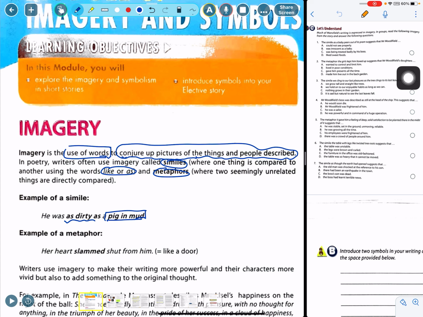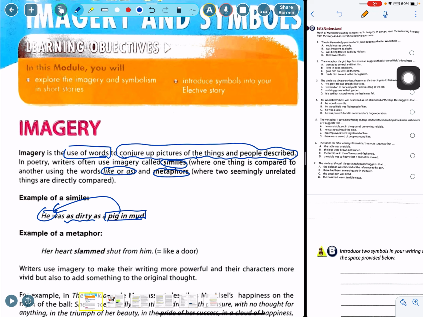You see, this pig in mud is to try to make a very vivid image of what he is like. So this is the use of simile, and it's a kind of imagery to help you create a mental picture of what that person is like.